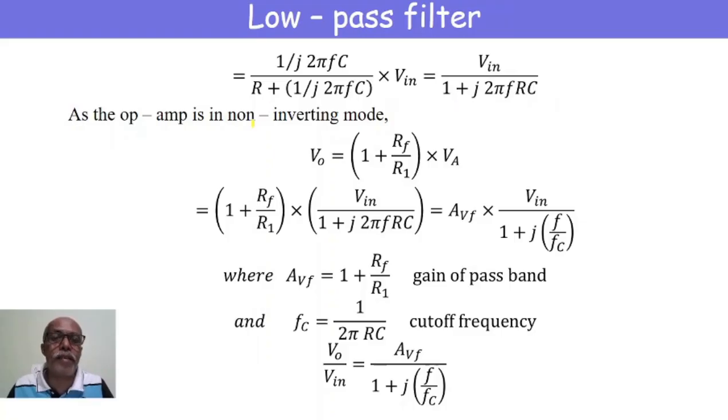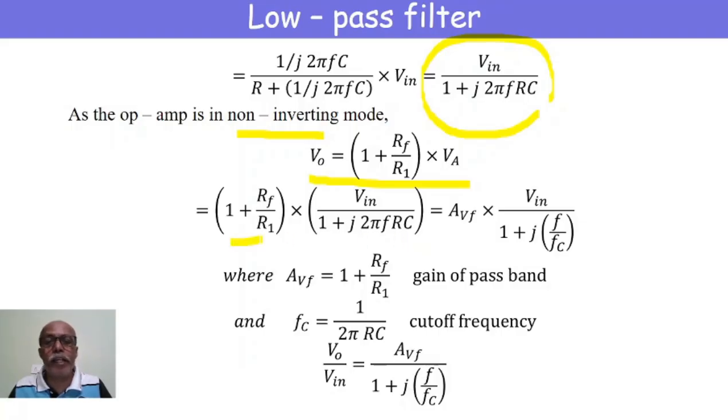Since the op amp is in non-inverting mode, the output is given by V0 equals 1 plus RF by R1 into VA, that is Vin divided by 1 plus j into 2 pi fRC.